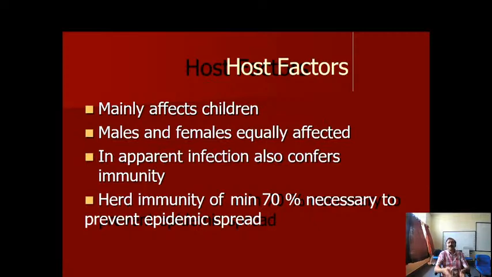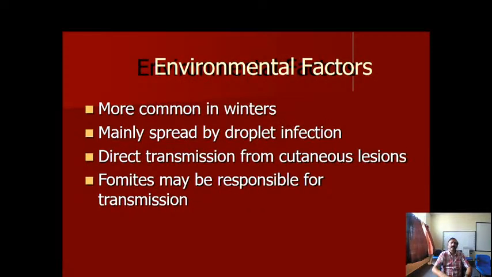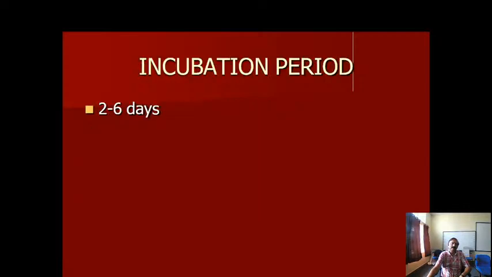For diphtheria, 70% herd immunity is necessary to prevent an epidemic spread. As in most respiratory diseases, it is more common in winters and mainly spread by droplet infection. In cutaneous lesions of diphtheria, we'll talk about that, it can be transmitted by direct transmission. Fomites may also be responsible for transmission.